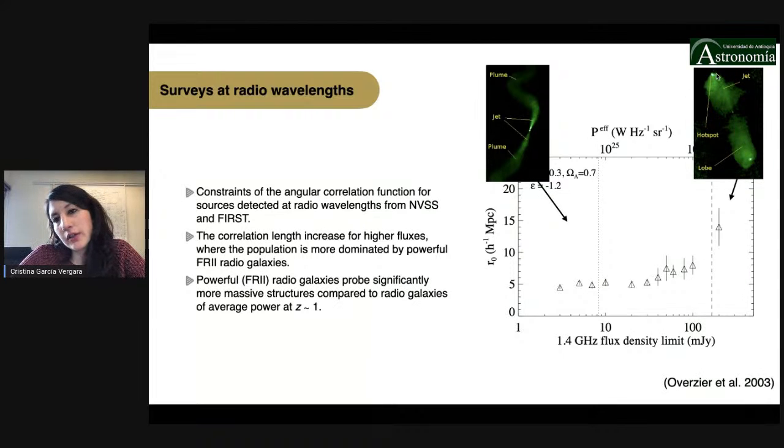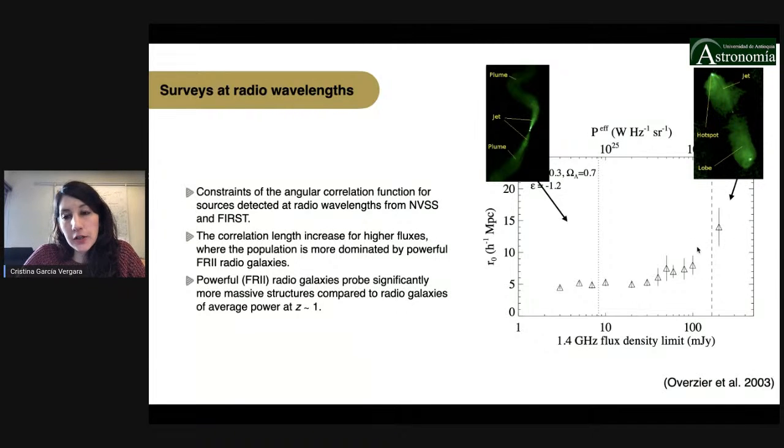But on the other hand, when the population of bright sources is more dominated by objects in which you have the AGN here, and the jets are very luminous, like at the edge of the jet, then this kind of sources are more powerful.